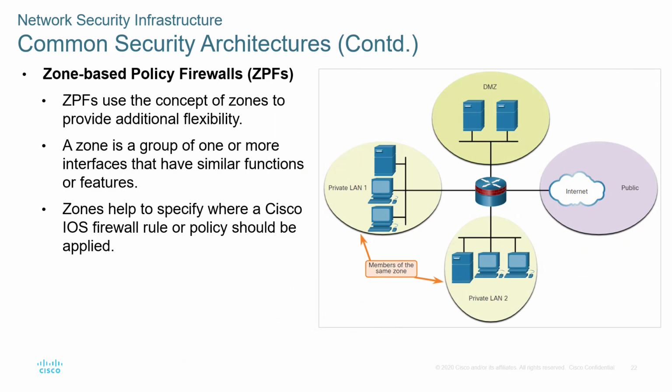Since we're talking about a firewall, firewalls can filter based off of different criteria. One way a firewall can filter is called zone-based policies, or ZPFs. Basically, depending on the zone you're in, you'll get a group of policies based off of that zone type.